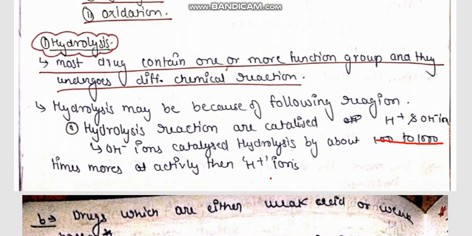So if a drug has one hydroxyl ion and one hydrogen ion, then the rate of degradation due to the hydroxyl ion will be 100 to 1000 times more than that due to the hydrogen ion.